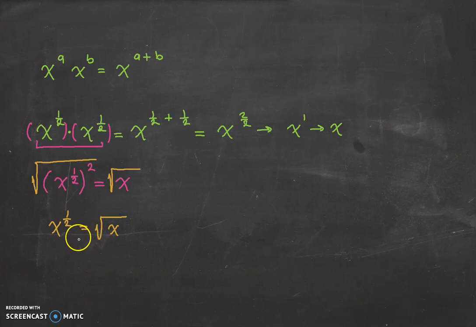So now we have shown that x to the 1/2, we didn't know what that was when we started. I just put it there. We showed that x to the 1/2 has to equal the square root of x. Okay? So that is a pretty substantial breakthrough.